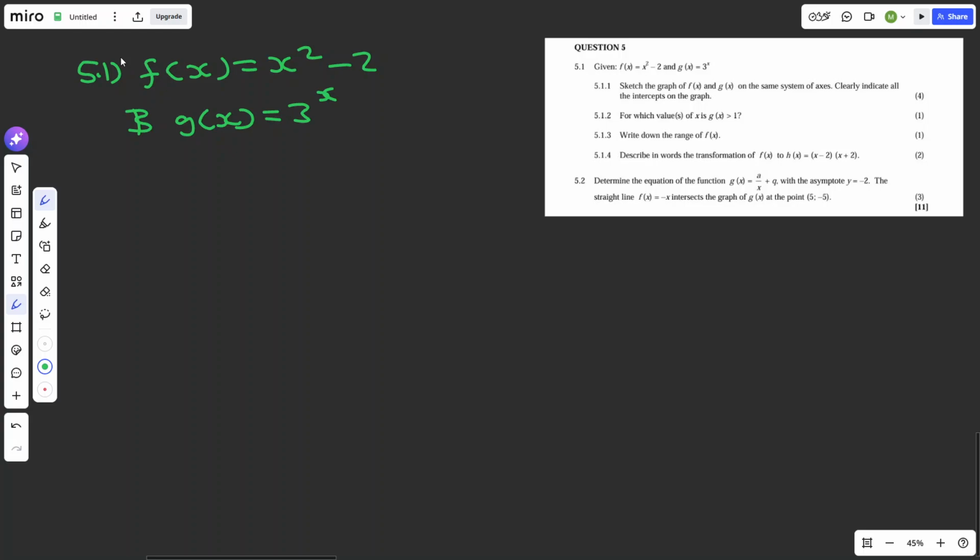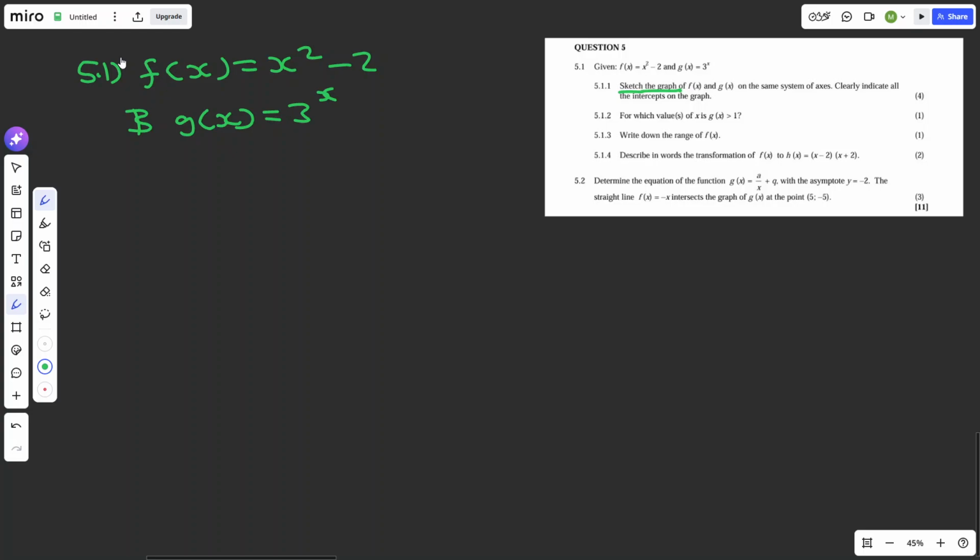So in the first one, we are required to sketch the graph, right? Sketching the graph of both functions on the same set of axes, and we need to clearly indicate all of the intercepts on the graph. So let us first define the few terms that we're going to be using.